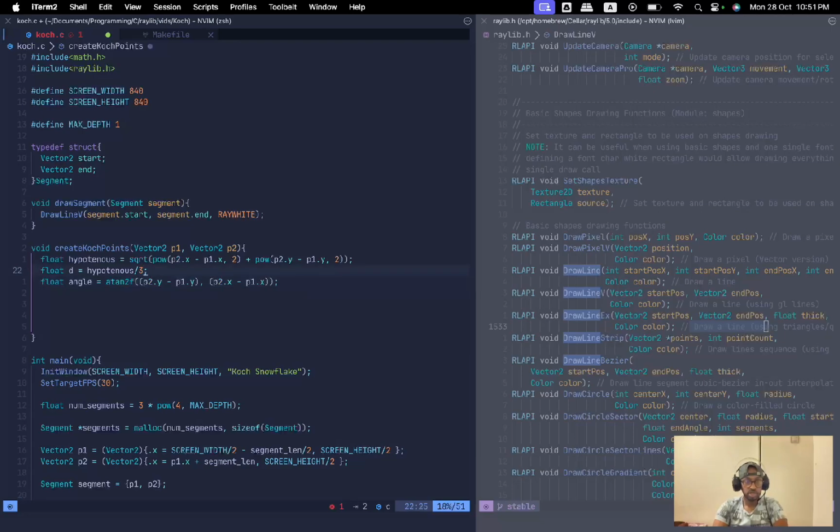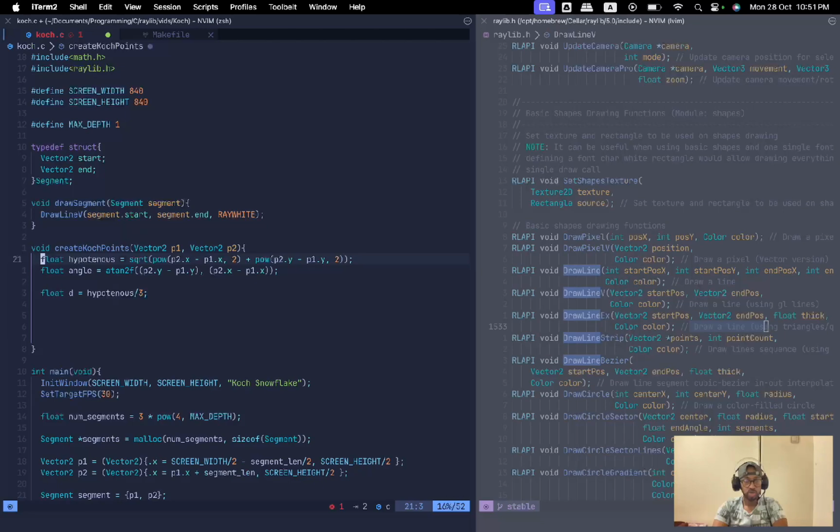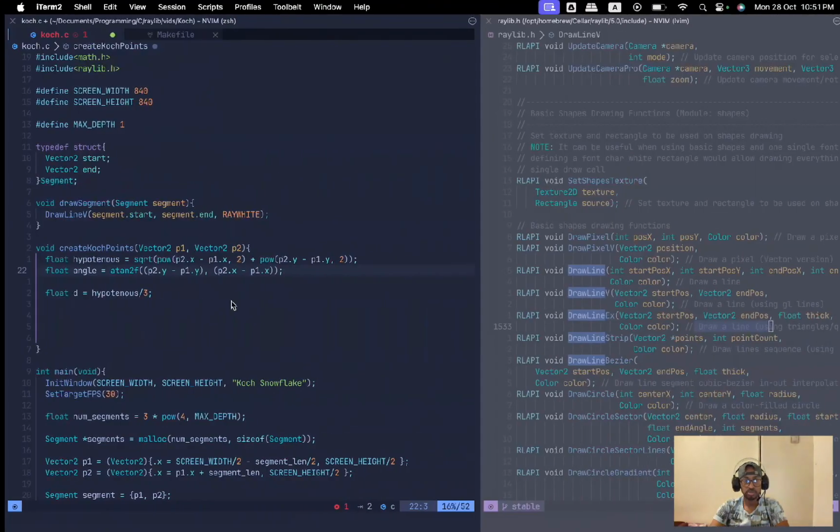So we know the length of the initial segment between P1 and P2, and we know the angle with respect to the origin.